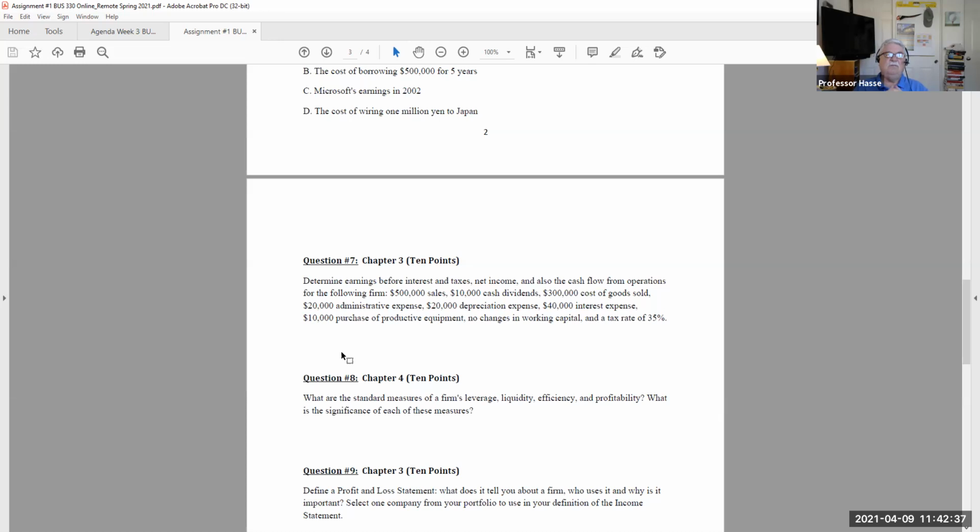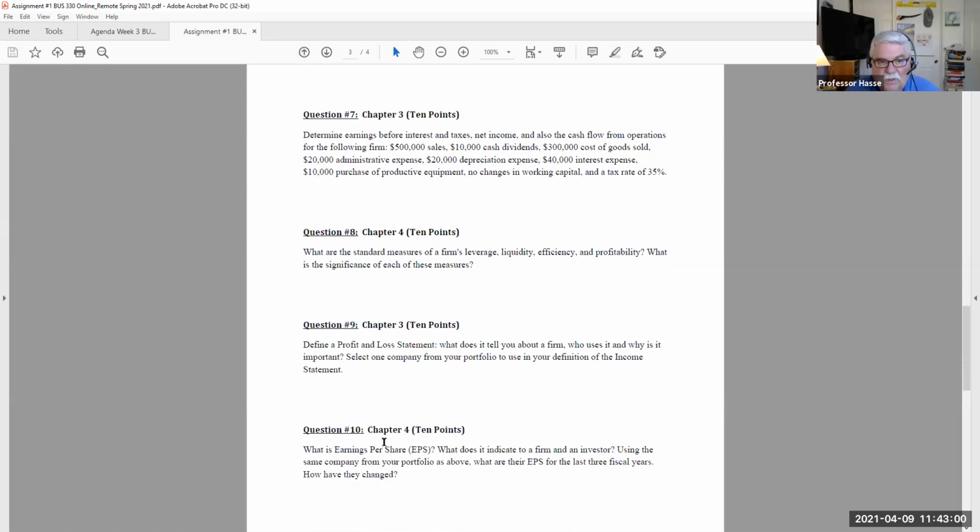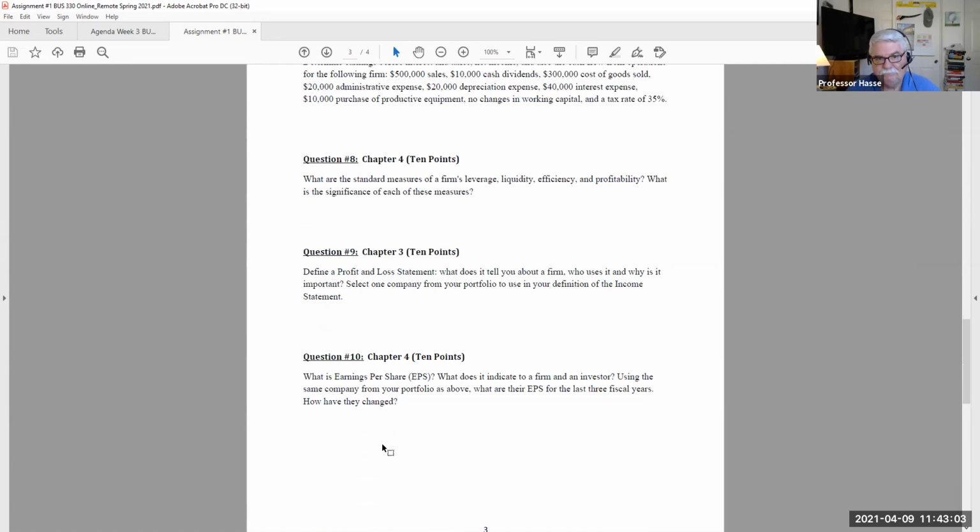Put those into the format of the financial statements that we've discussed, more preferably the income statement, and determine those three things: earnings before interest and taxes, net income, and cash flow from operations. It's requiring you to think, put it together. It's like putting together a puzzle. You'll be fine.